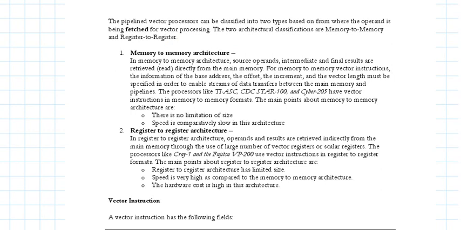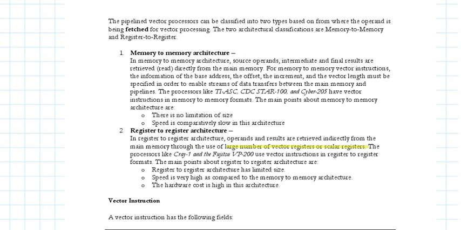First one is memory to memory architecture. In memory to memory architecture, what happens actually? Source operands, intermediate and final results are retrieved, that means read, directly from the main memory, and in register to register architecture, operands and results are retrieved indirectly from the main memory through the use of a large number of vector registers or scalar registers, right?